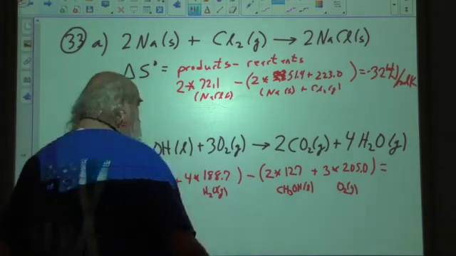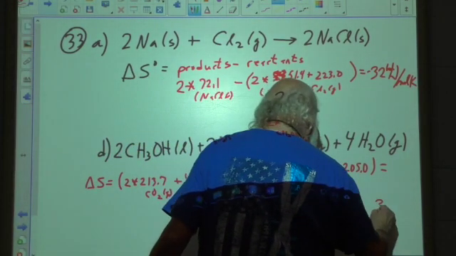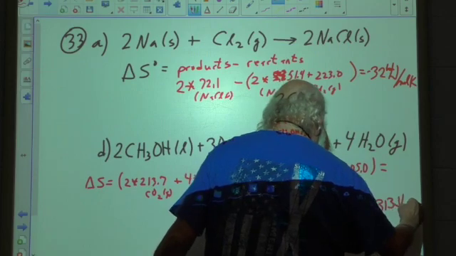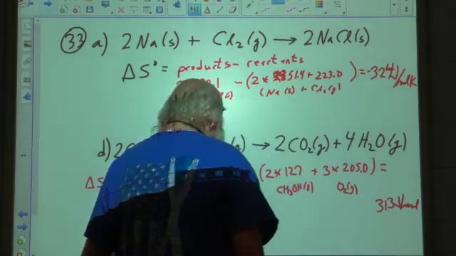So yeah, 313 round up to 3 sig figs, joules per mole Kelvin, possibly put in there.